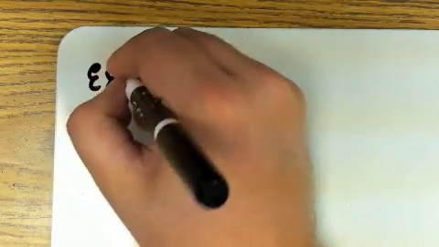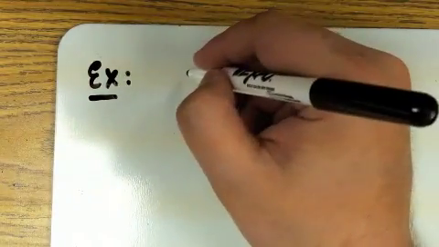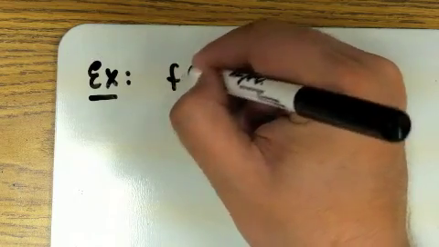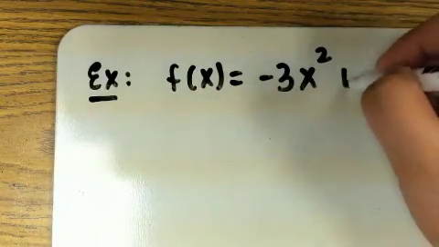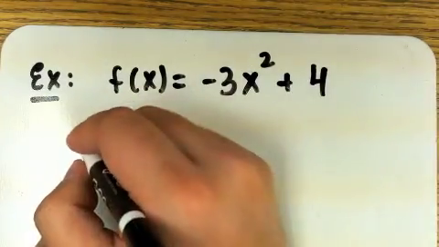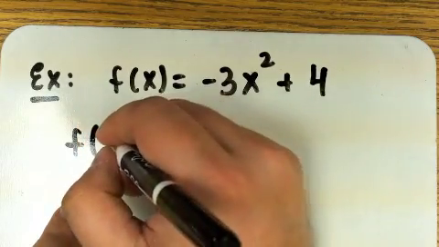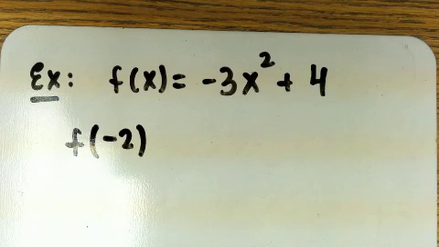Let's do one more of these, for example. All right. If I said to you f of x is equal to negative 3x to the second plus 4, we want to evaluate this at negative 2. Okay, so again, you're going to take the negative 2 and plug it in wherever you see an x. And remember to use what?